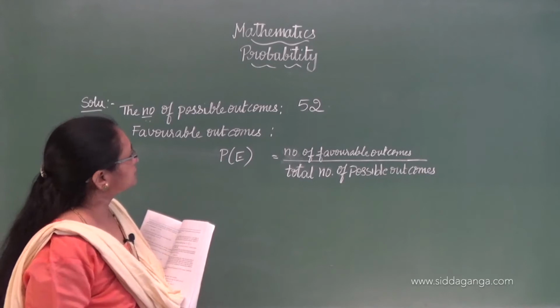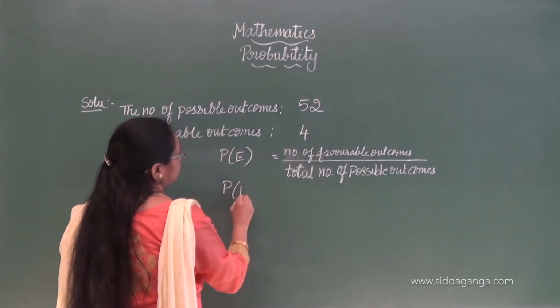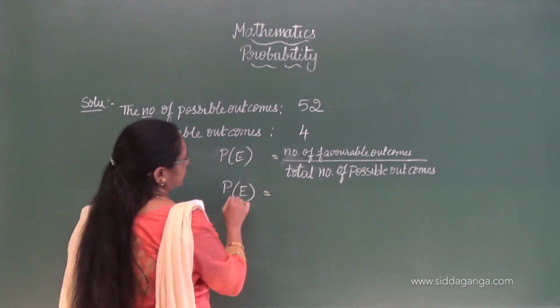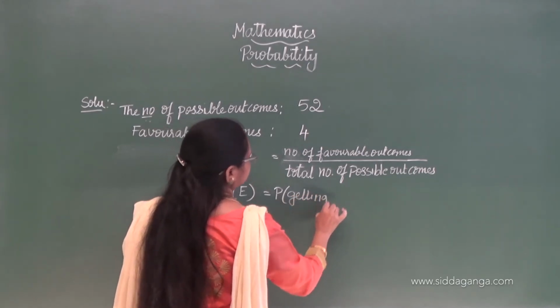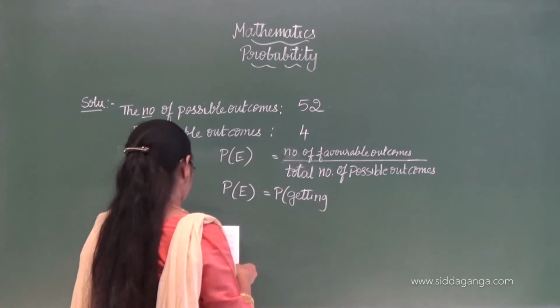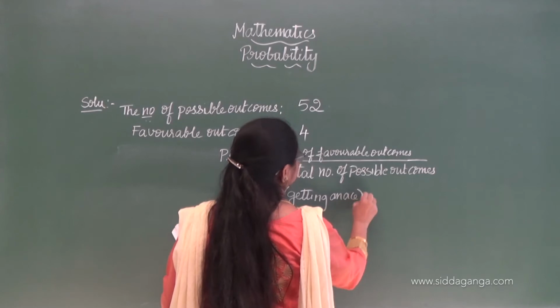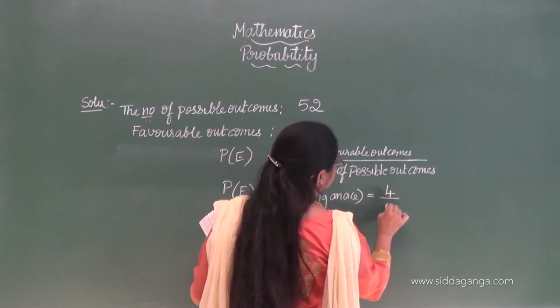Then favorable, it's 4. Correct? So probability of E, the event, that is getting an ace. You can write that also. Getting an ace, how much? 4 by 52.